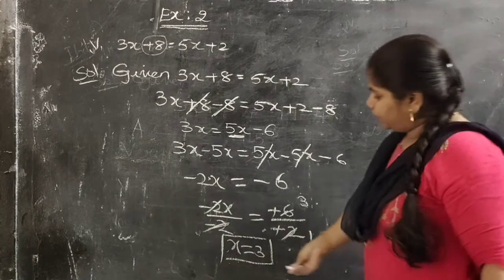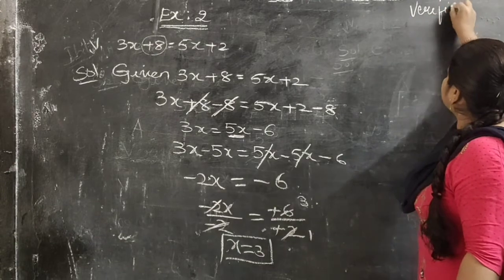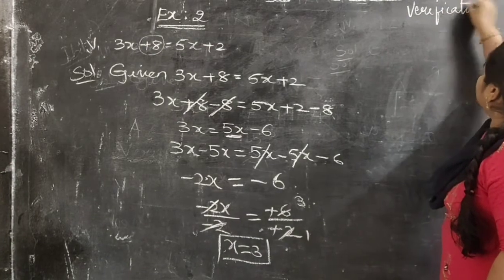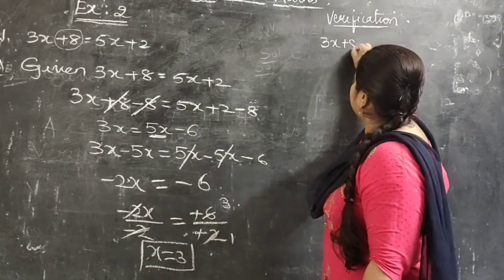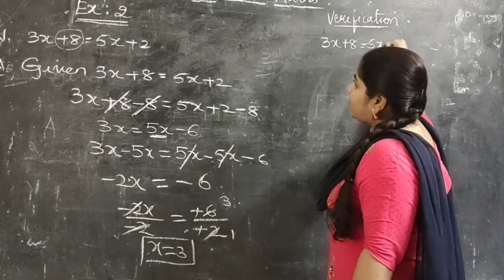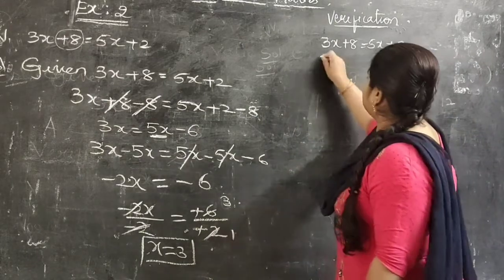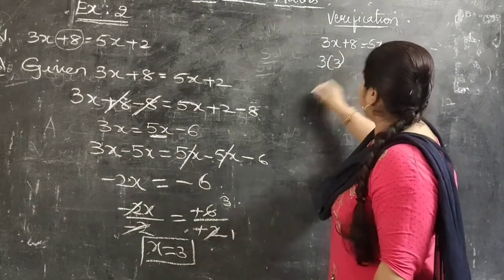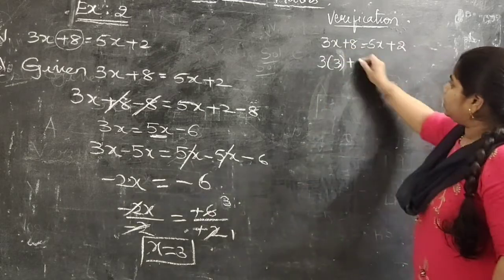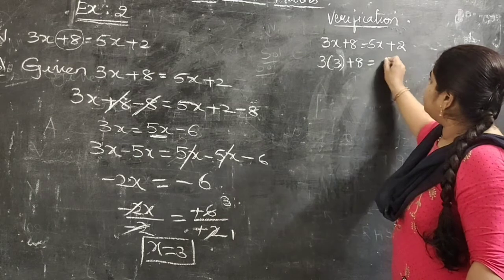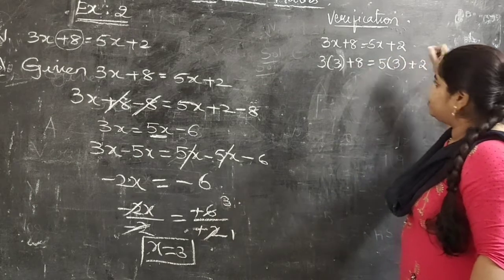So what is verification? We got x is equal to 3. Now substitute x is equal to 3. So verification, what is the equation? 3x plus 8 is equal to 5x plus 2. Now what is the x value? 3. So 3 into 3 plus 8 is equal to 5 into 3 plus 2.